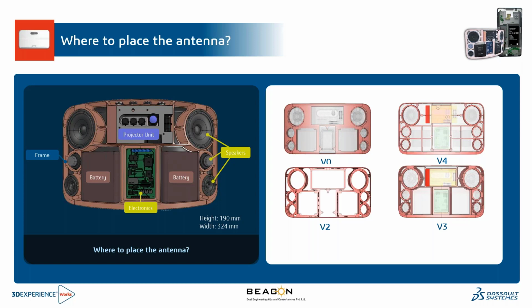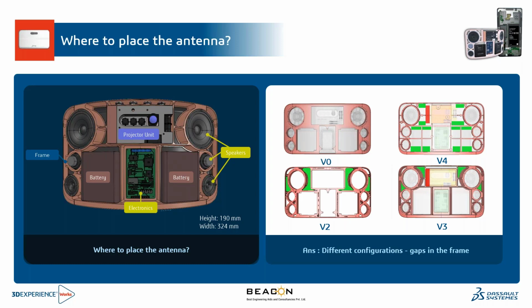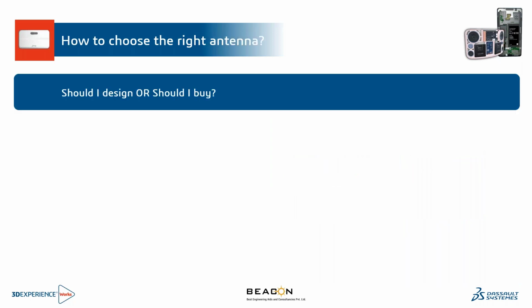So even here, we have to look for which spaces are left for the antenna designers by discussing with different teams. Here we can see green regions are the places where the antenna designers can place the antennas within the gaps in the frame.